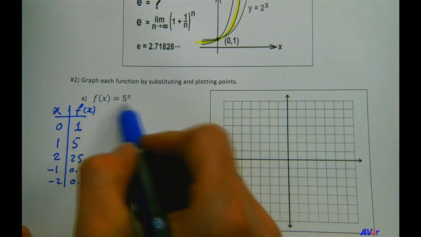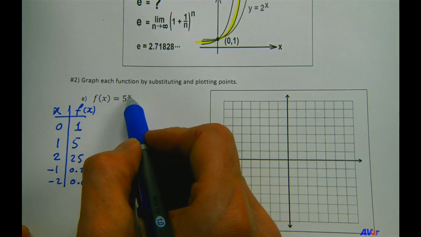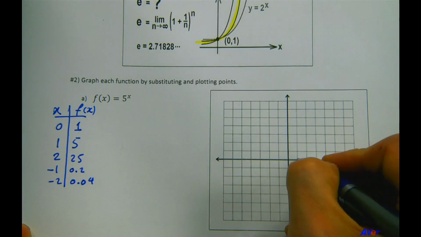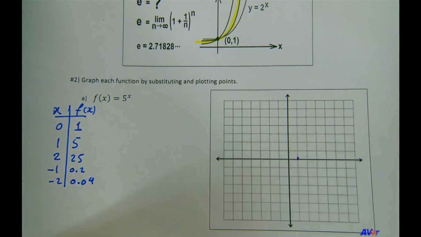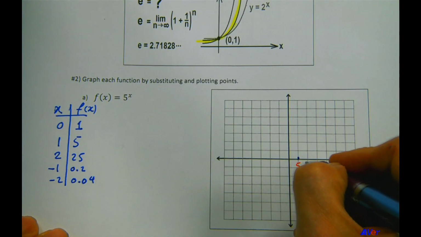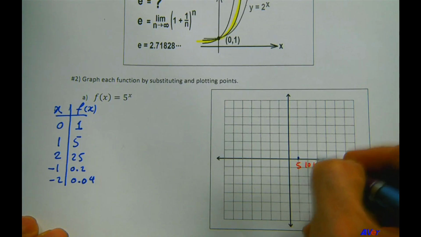Again, this is an exponential function because it has a variable in the exponent. So I'm going to take each one of these little squares as a 5 increment. So this would be 5, and this would be 10, 15, and so on.